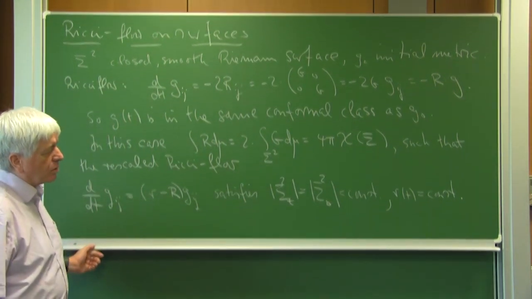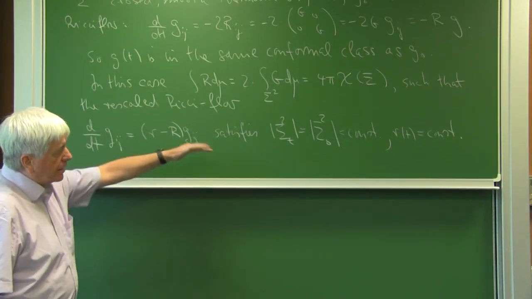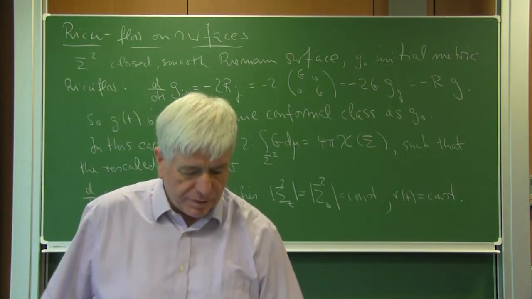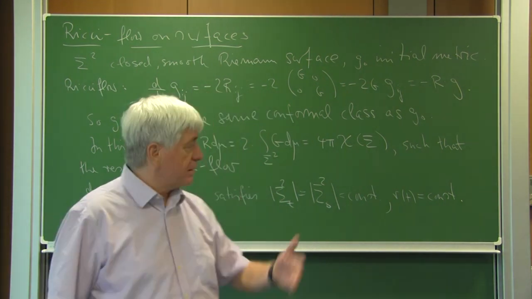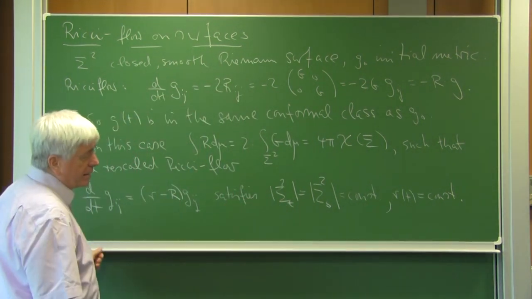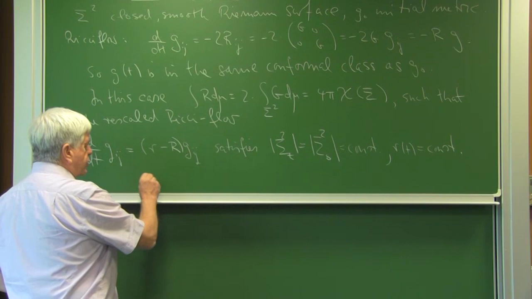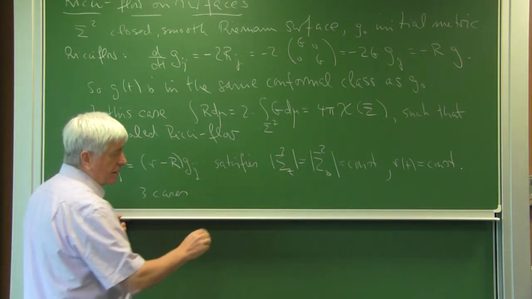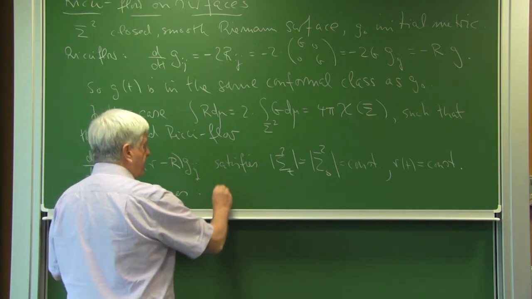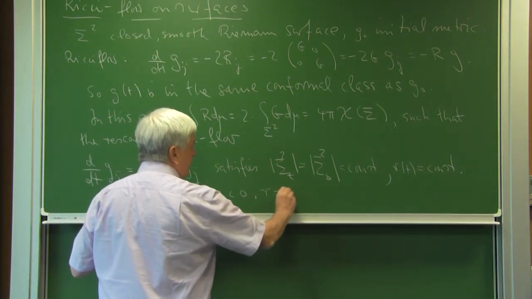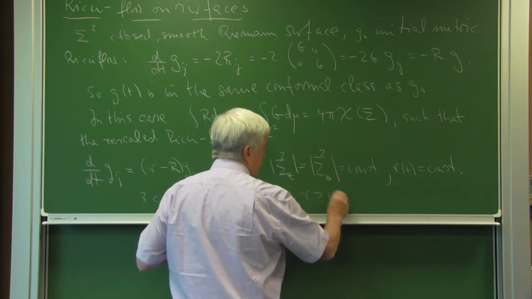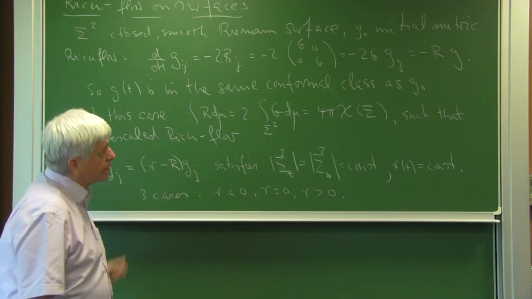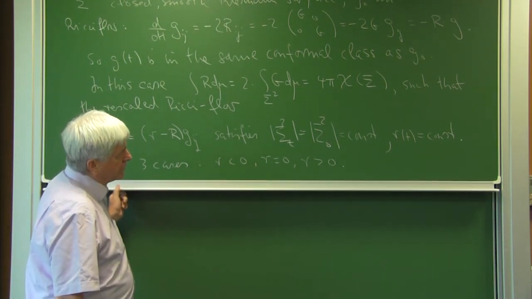And so in this case it will be crucial to distinguish the three cases where we have positive curvature, zero curvature, and negative curvature. So there's essentially three cases for the Ricci flow on surfaces: r less than 0, r equals 0 and r positive. So the sphere plays a special role, the torus, and Riemann surfaces of higher genus.